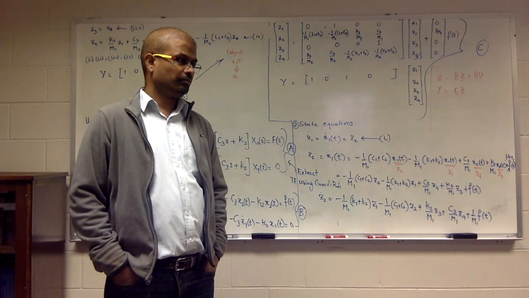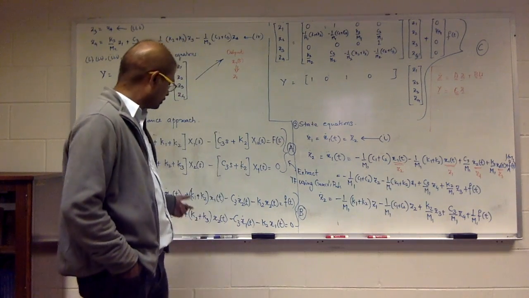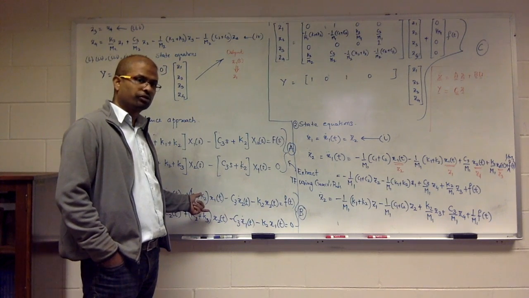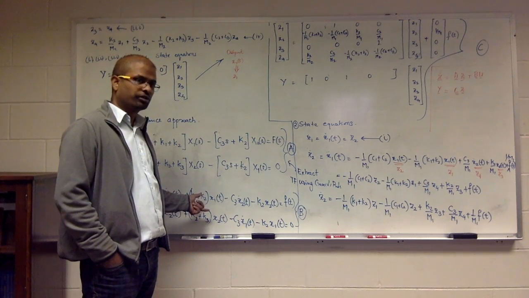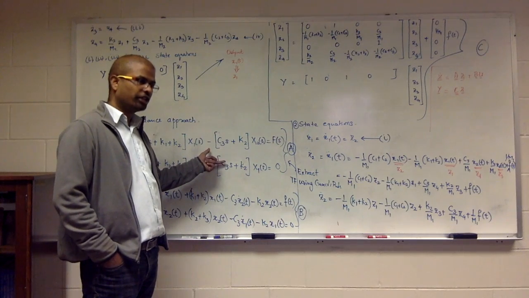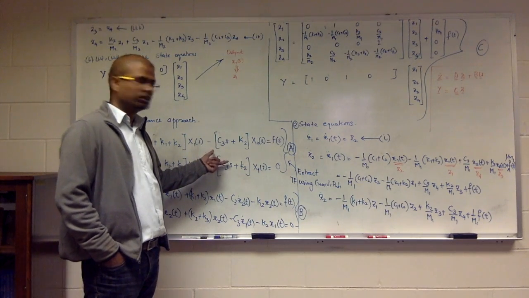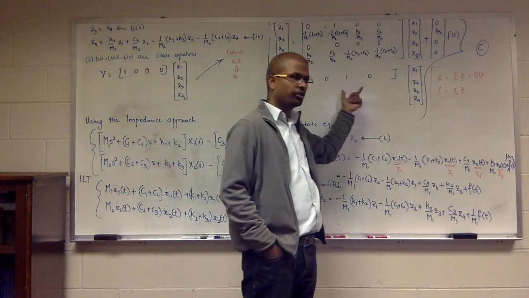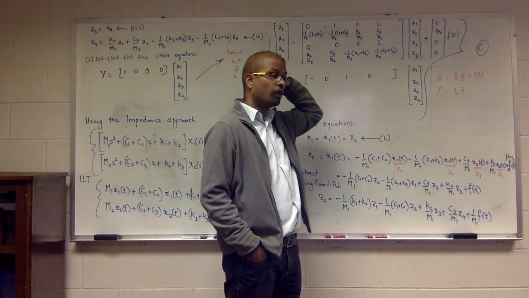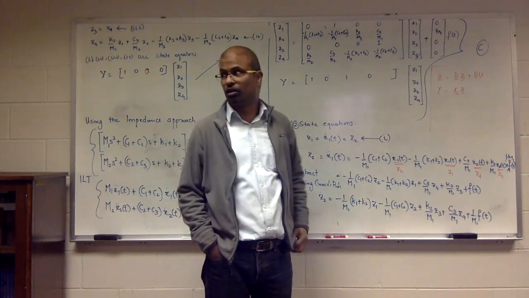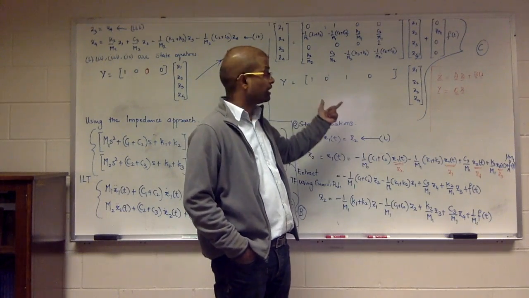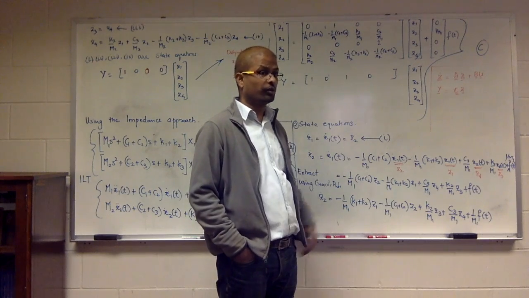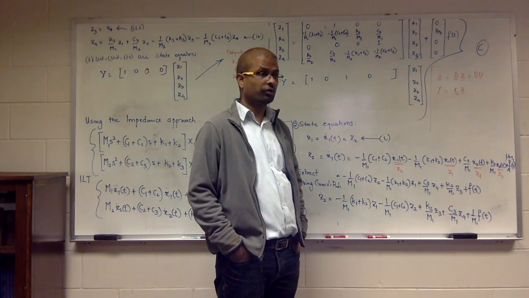You want to find displacement. You want to solve for x1 of t, x2 of t using differential equations, or solve for x1 of s, x2 of s. You want to solve for one of these outputs, how that is going to vary as a function of time and frequency. That's what your ultimate interest is.